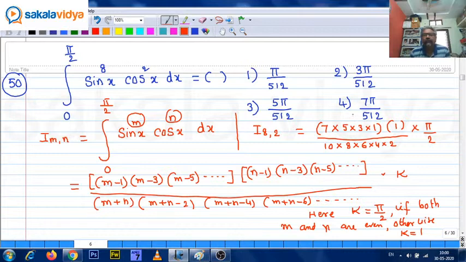So if you simplify, what do you get now here? This one 3 2 ja, 5 1 ja, 5 2 ja.